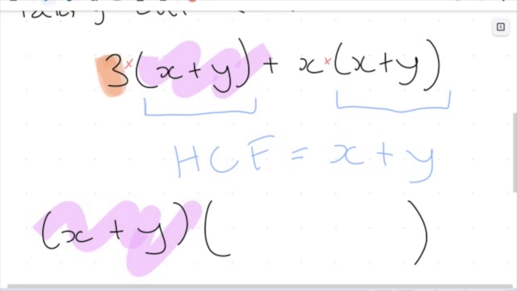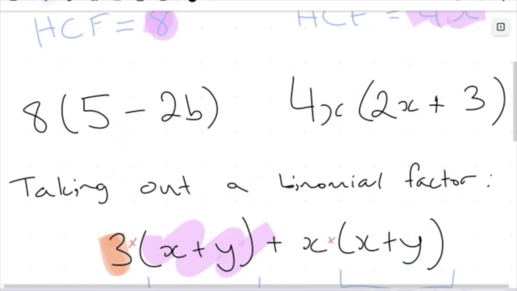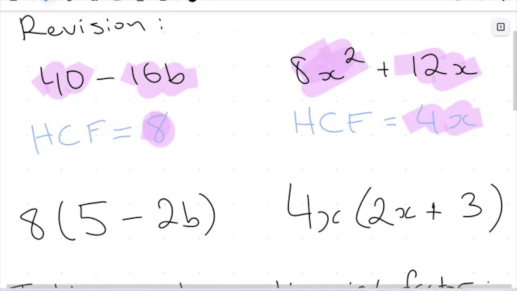So that is going to be my term in here. So you can hopefully see here, what I have done in this first step is no different to what I did up here, for example. Take this example on the left. My highest common factor was 8. I pulled that out. And then I said, well, what was 8 multiplied by to give me 40? 8 was multiplied by 5.